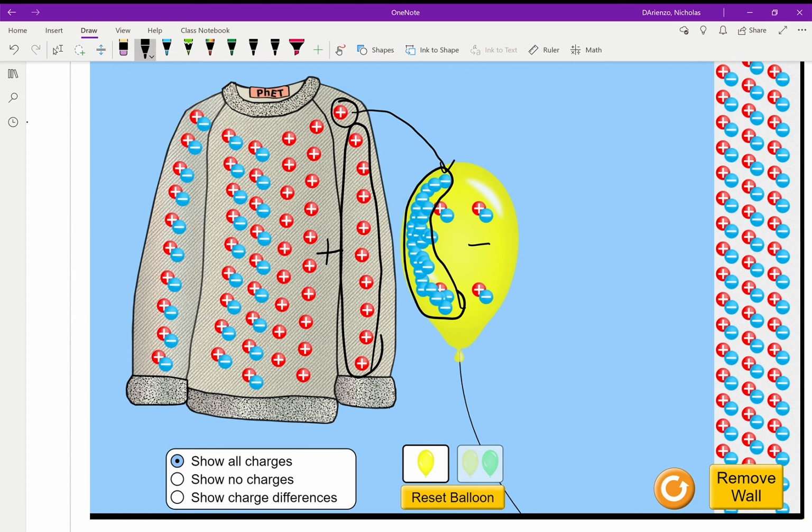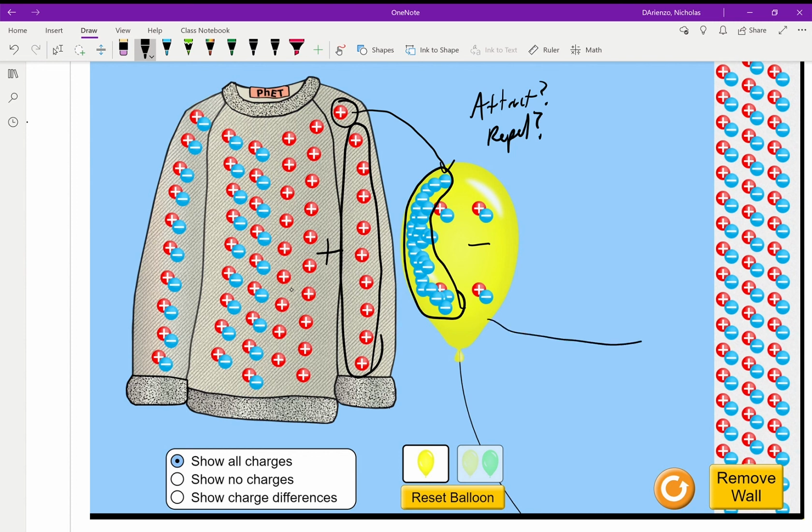If you think about that, one negative charge, one positive charge, if we bring this balloon close to the sweater, would this attract or repel? So if we bring the balloon close to the sweater, would it attract to the sweater or would it repel from the sweater? I'd like you to think about that for when we talk about this in class.